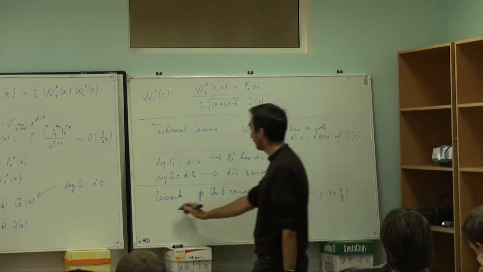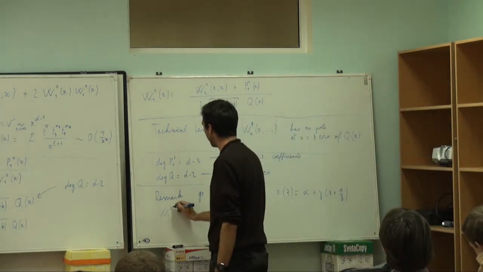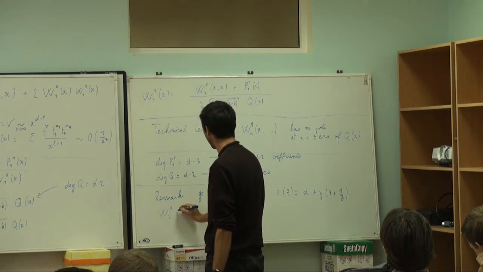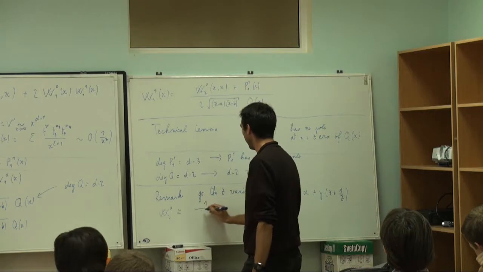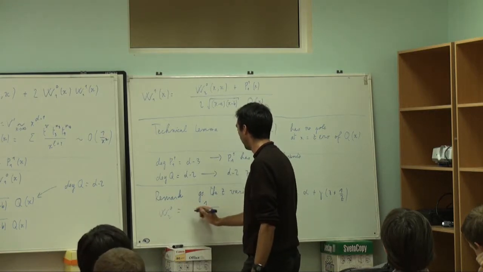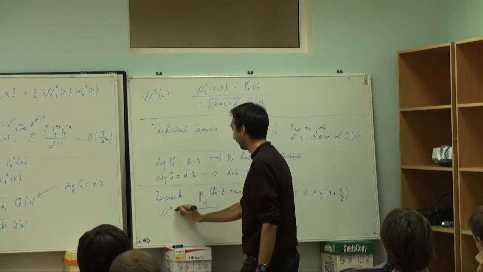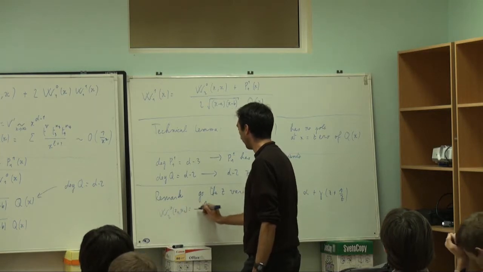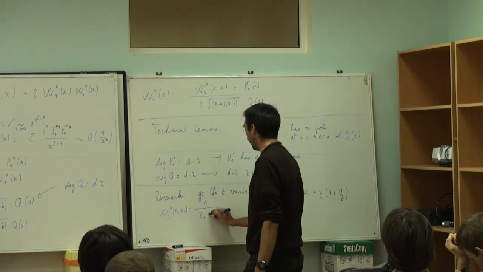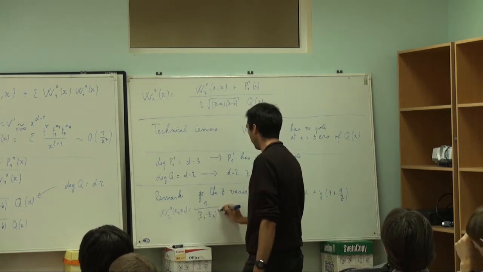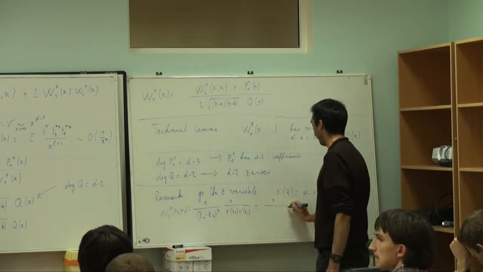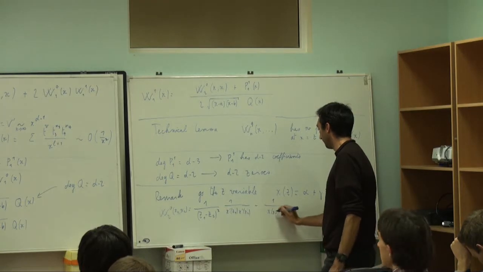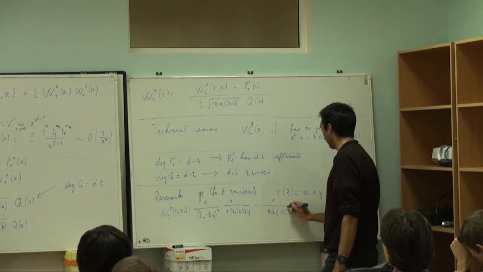So for instance, in this z variable, remember that W2 0 of x1, x2 was 1 over (z1 minus z2) squared. In fact, you need to divide by x prime of z1, x prime of z2, minus 1 over (x of z1 minus x of z2) squared.